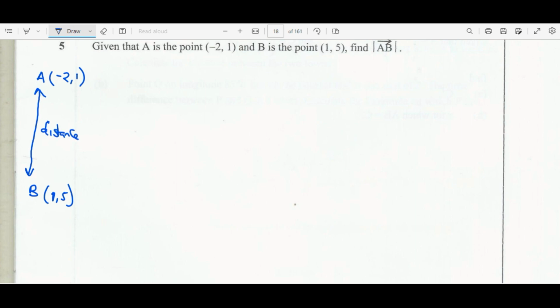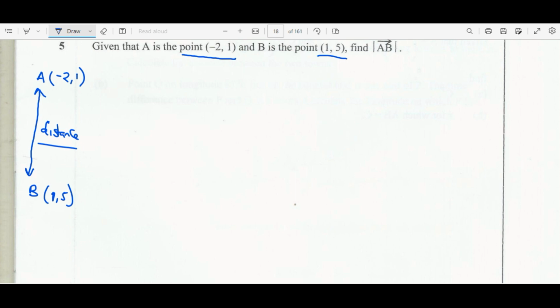Like I've said, this question was extracted from coordinate geometry. These points are very, very important, and because we have a negative here, you have to be very careful when putting these two in the formula.